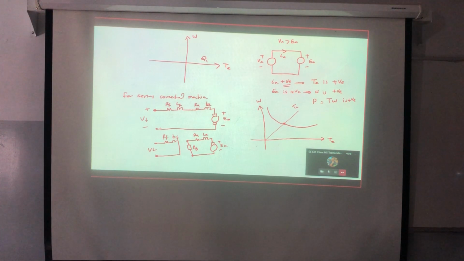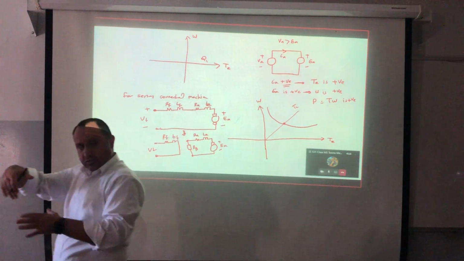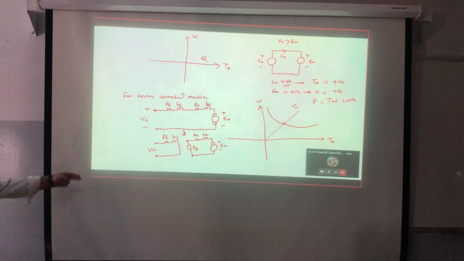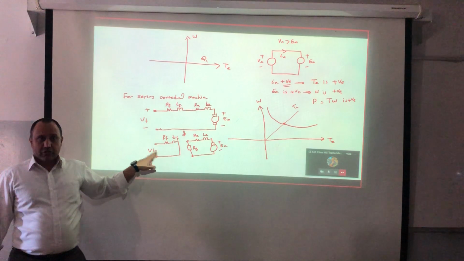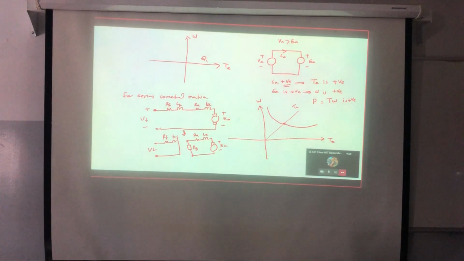Now I need to do dynamic braking. How can I do that? First, I will reconfigure the machine such that the field is connected to the supply, while the armature is shorted by the braking resistance. So now the series is converted to separately excited, so the torque speed characteristic will change. It will be something like this.